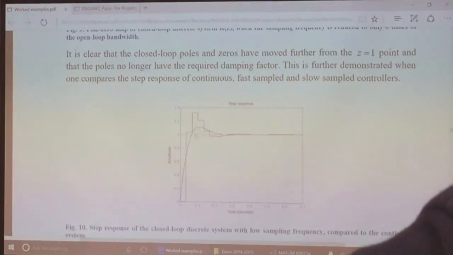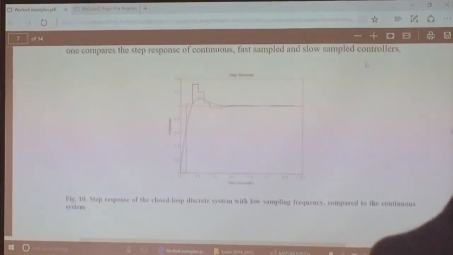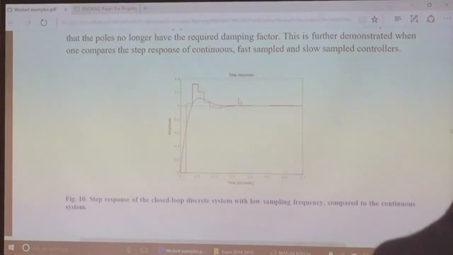So in this case, the overshoot is well beyond the specifications that we had before. So this control is probably not acceptable. What can you do to overcome this limitation? Apart from buying a new computer with a higher frequency.